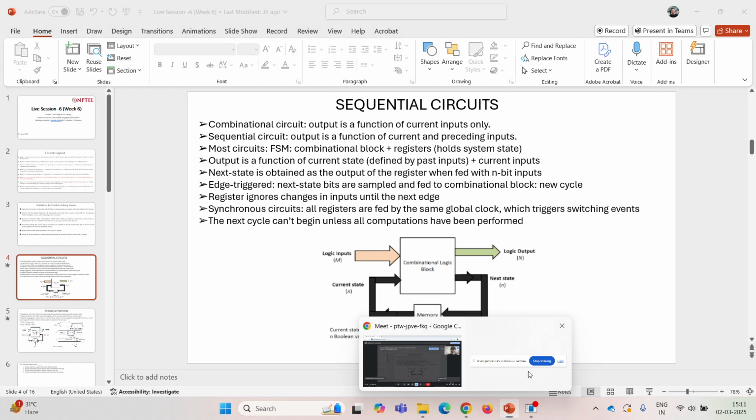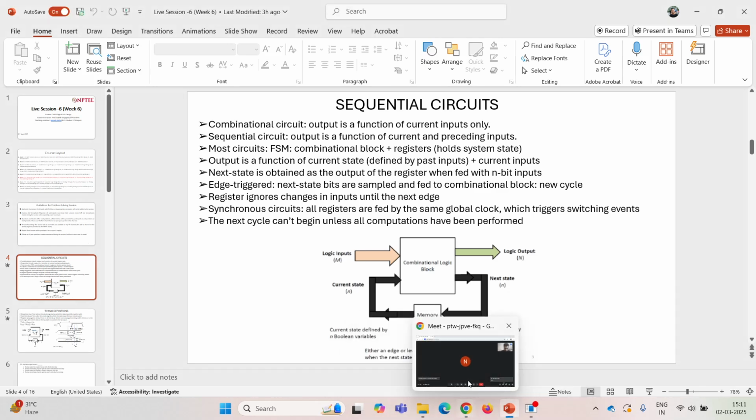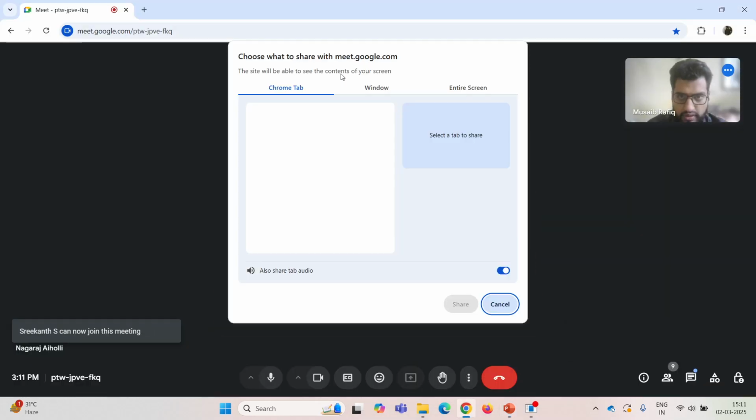So, are you able to see this slide, the sequential circuits slide? Anyone, please confirm in the chat box. Actually, on my tablet, I'm not able to see it. That's why I'm asking for your confirmation. Let me just share it again.